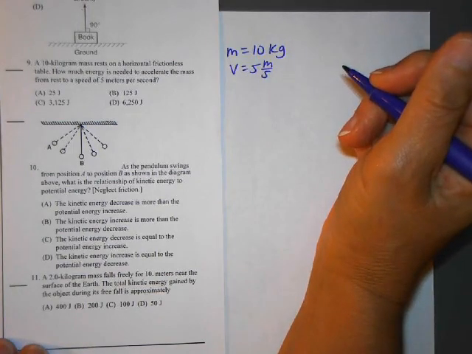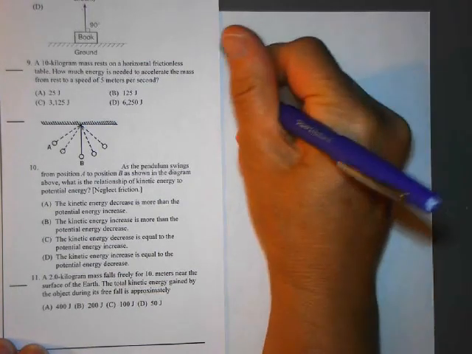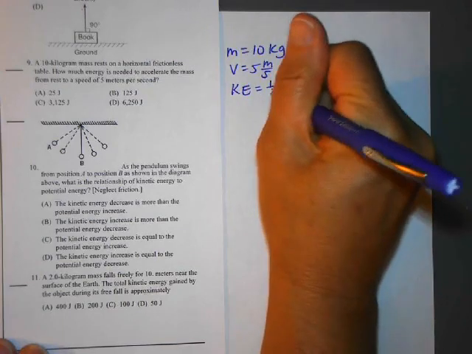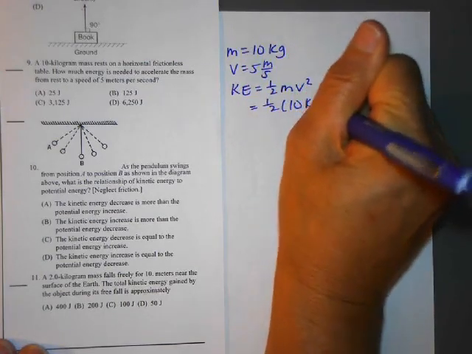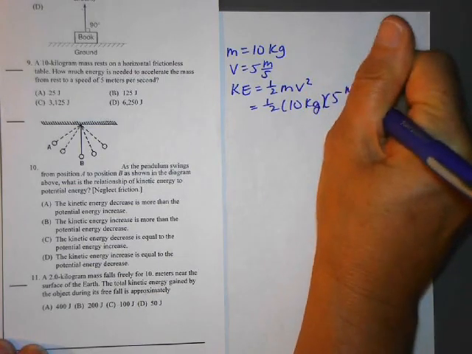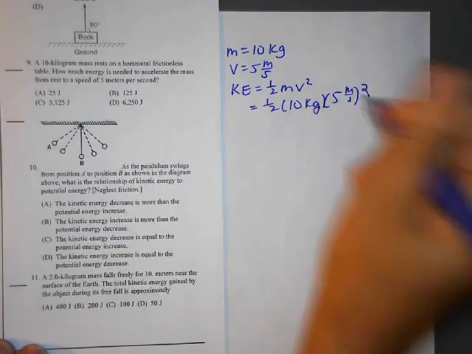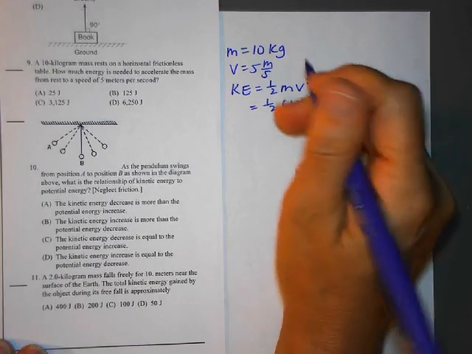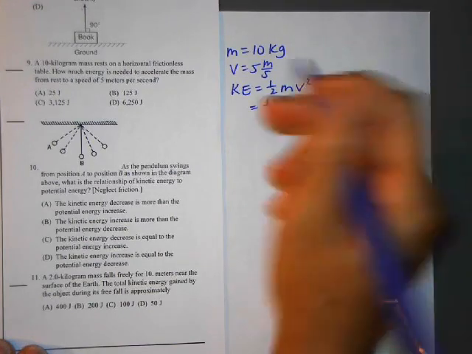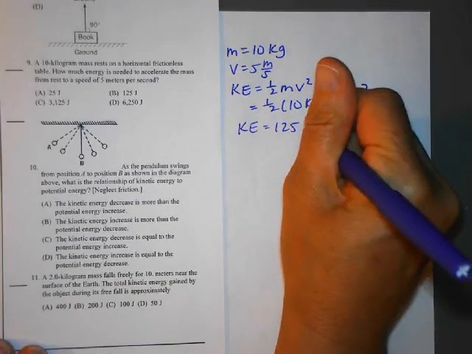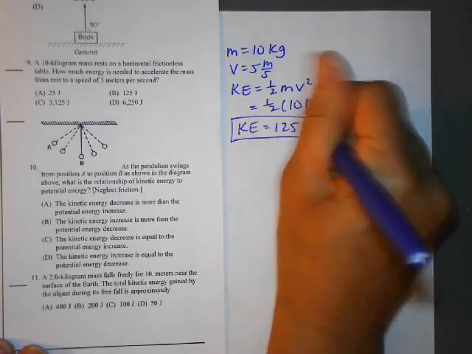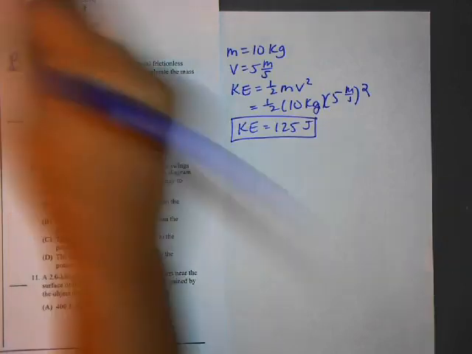So we know kinetic energy is 1/2 mv squared. So it's 1/2 of 10 times 5 meters per second squared. So 25 times 10 is 250, divided by 2. Again, we can do that in our head. So the kinetic energy is 125 joules. So the answer there is B.